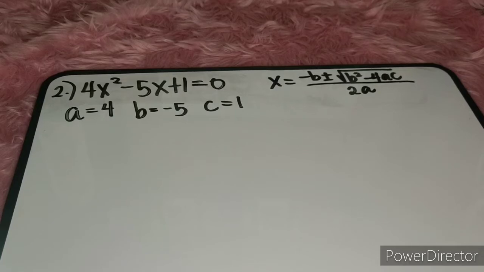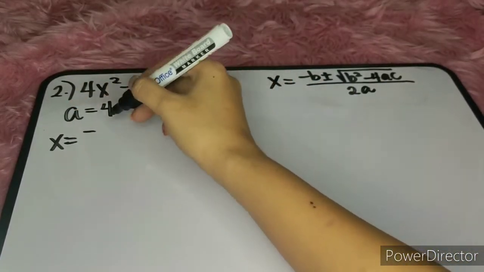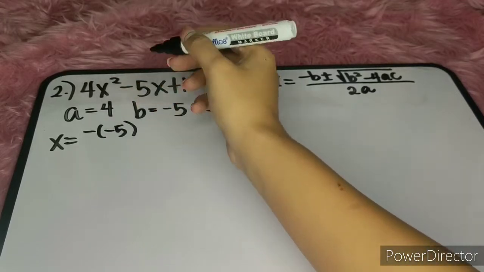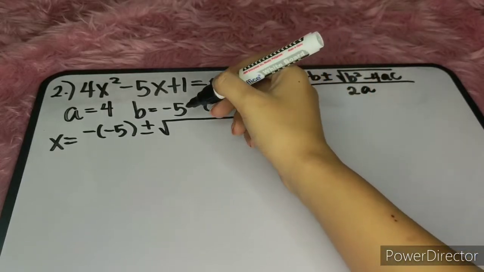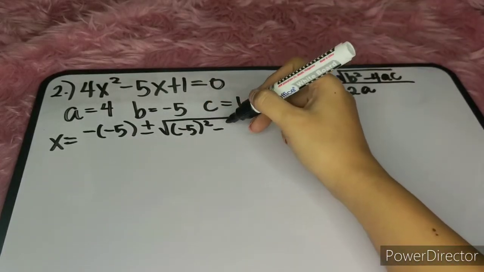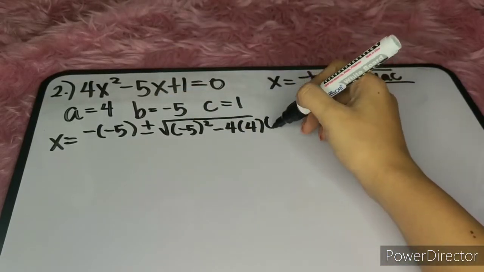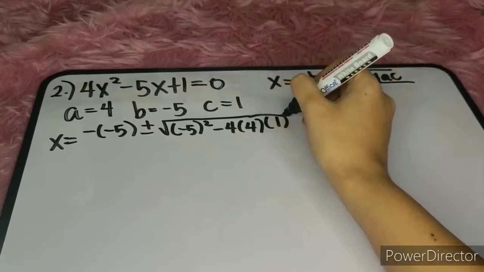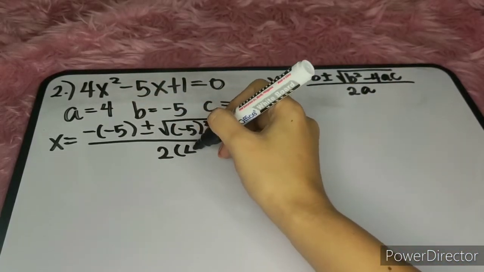And then let's now substitute. So x is equal to negative of negative 5, plus or minus the square root of b squared, which is the square of negative 5, minus 4 times 4, since my a is 4, times 1, all over 2 times a, which is 2 times 4.